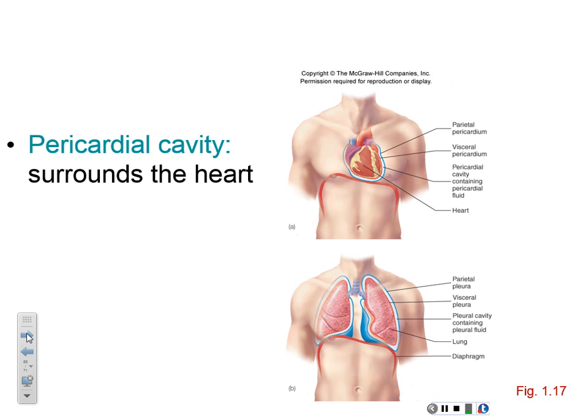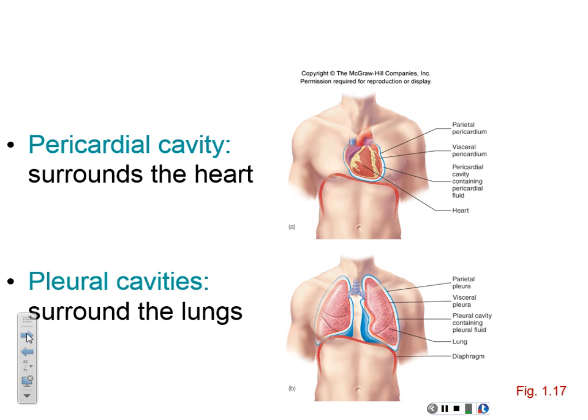And then, of course, the pericardial cavity as well, which surrounds the heart. Same deal. You've got the visceral one in close contact with the heart, and then, of course, the parietal layer, which covers the cardiac cavity, where the heart is. And then, of course, we talked about it, the pleura are the ones for the lungs, and you have the same scenario again with the fluid.